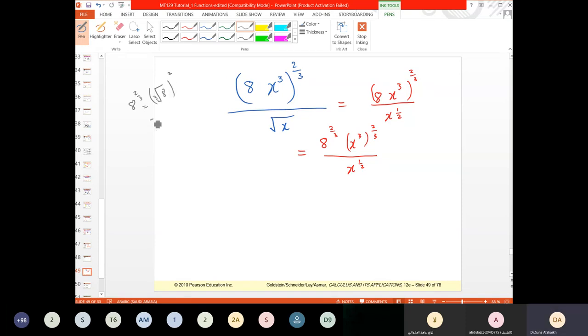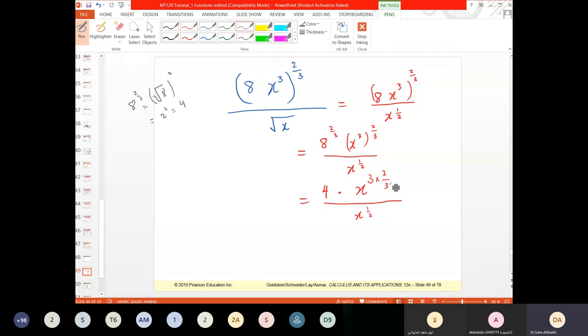The third root of 8 is 2, and 2 to the power 2 equals 4. So this quantity is 4. Power of a power, we multiply. So this is multiplied with x to the power 3 times 2/3, all divided by x half.